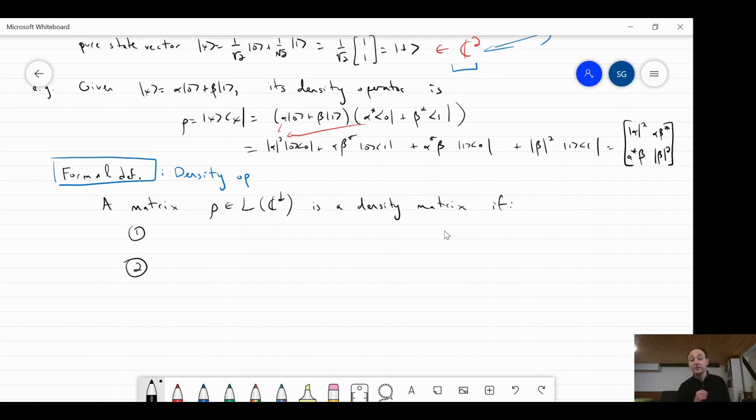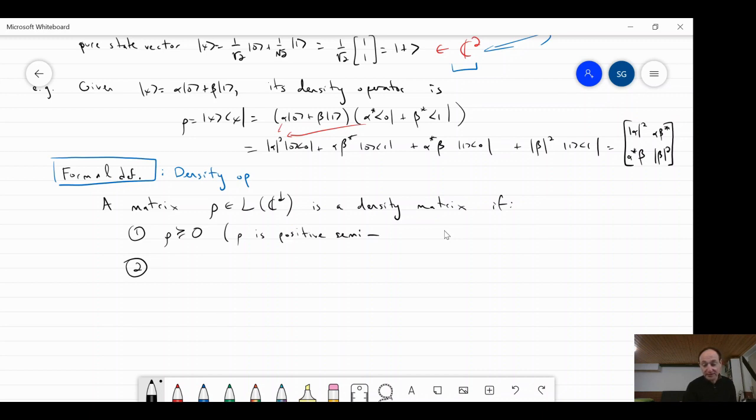The first thing I need is that rho is positive semi-definite, which in particular meant that it's Hermitian, and its eigenvalues are non-negative, right? So remember that this meant that rho is positive semi-definite.